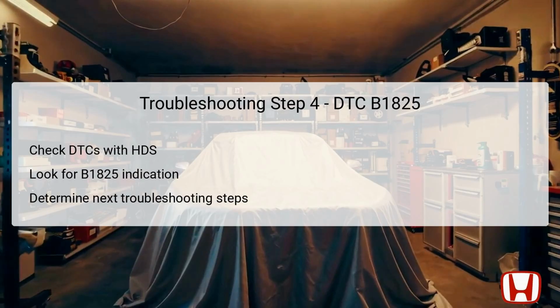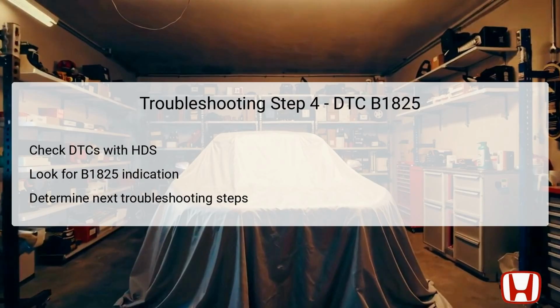Once again, this analysis is focused on verifying whether DTC B1825 remains present following previous operations. If the system indicates that B1825 is still active, it confirms that there is an ongoing issue with the power seat adjustment mechanism that needs addressing.